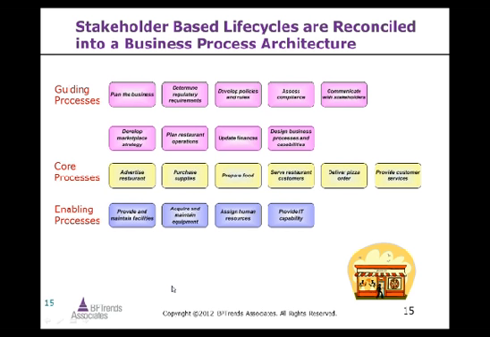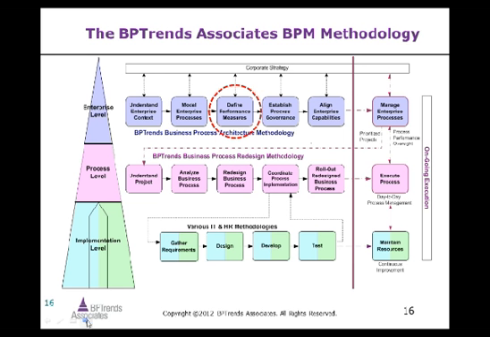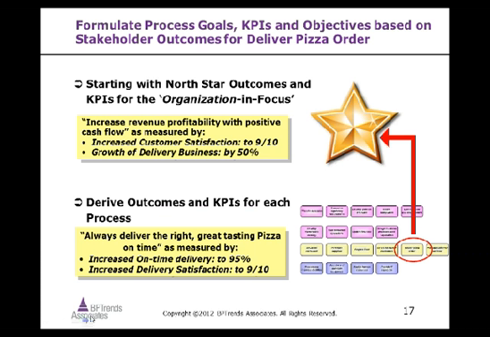So this business process architecture is actually a very useful tool to now organize everything. So that to be measured, starting with our North Star that we had before, so increase revenue profitably with some targets, 9 out of 10 on customer satisfaction, grow the business by 50%.